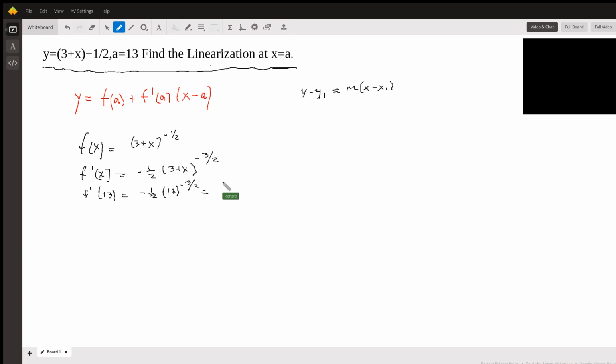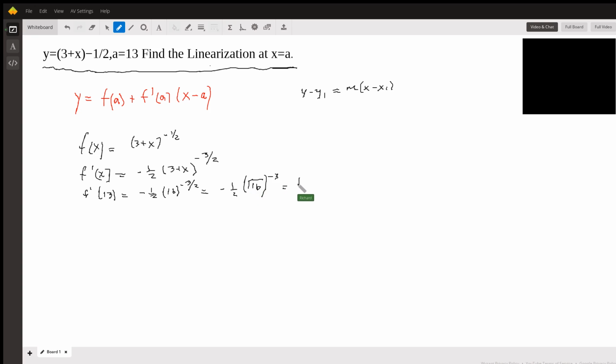Well, I'm not going to take a chance at making a mistake here. Let me just rewrite this. It's negative 1/2 times the square root of 16 raised to the negative 3 power.